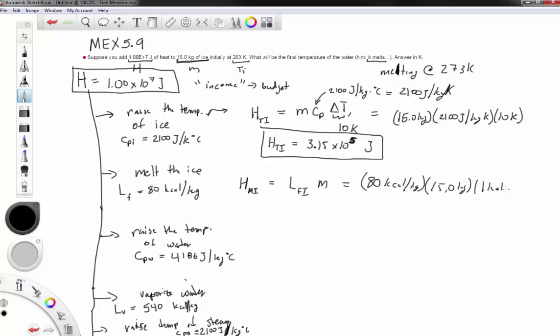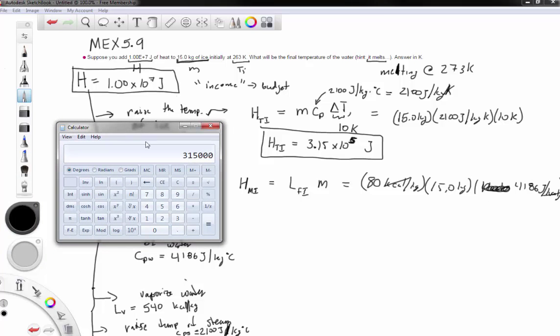1 kilocalorie is equal to 4,186 joules. So 4,186 joules per kilocalorie. So maybe actually write it like this. Alright, so this way we can cancel out the kilocalories and be left over with joules. So now we need to multiply these numbers together to get the heat to melt the ice.